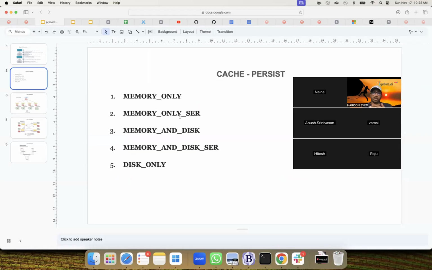The trade-off is that there is some IO in doing serialization and deserialization when you access it. The second option is memory and disk. Say my data frame 2 that we are caching is 10 GB, but I only have 8 GB of memory. If I use this option, up to 8 GB of the data is stored in memory and 2 GB is spilled onto the disk.